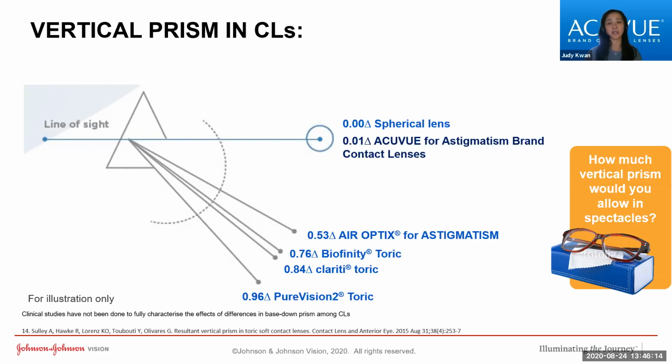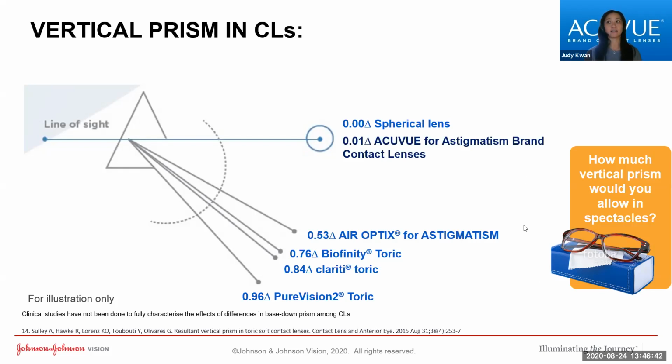So this is where I'd really like you to think about how much prism we are prescribing in our patients' eyes, especially for those patients who have a sphere in one eye and a toric in the other eye. Are they feeling that discomfort because of the prism, or are they feeling the discomfort because of the design? And we know that in terms of our spectacle lenses, ideally, we don't want any unintentional prism in their glasses.